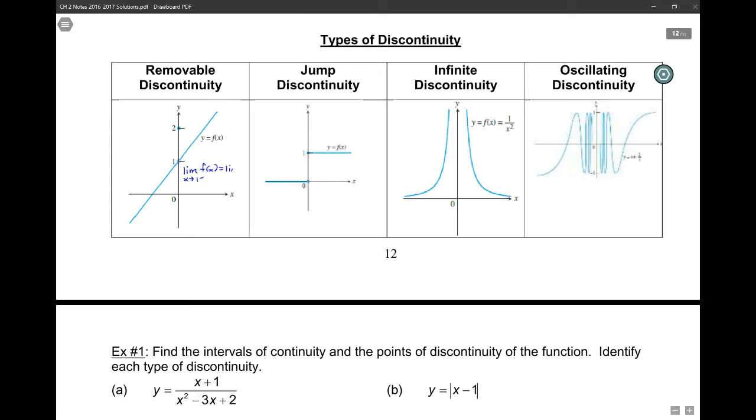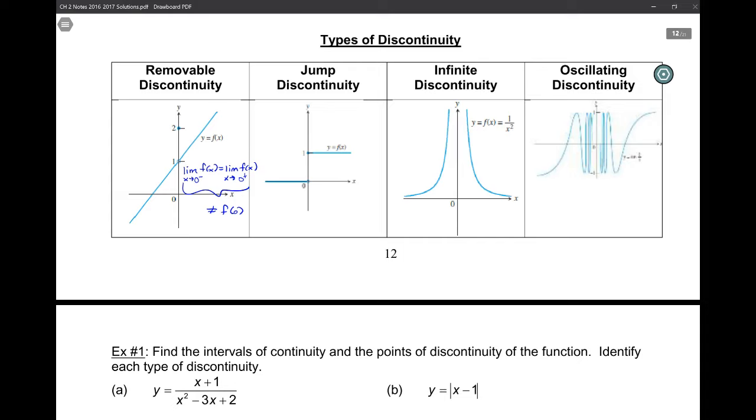That's when the limit from the left and the right are equal to each other, but these are not equal to f of 1. Or sorry, I put in 1. I meant to put 0. Let me redo that. 0 from the left, 0 from the right, and f of 0.